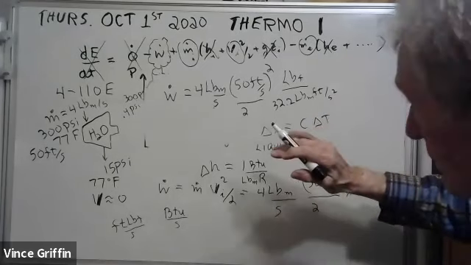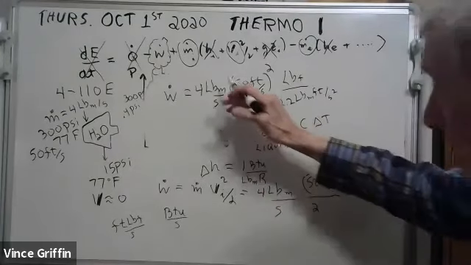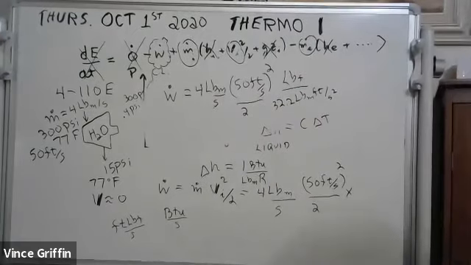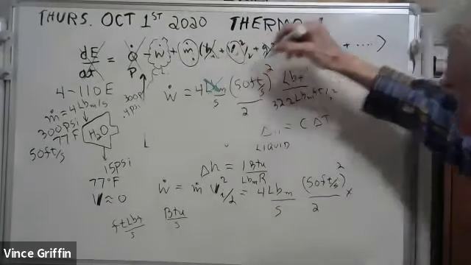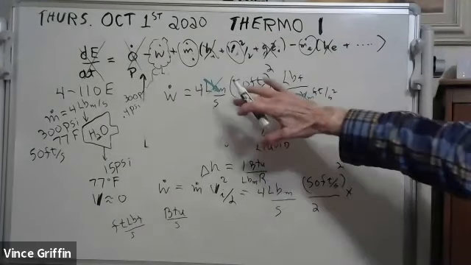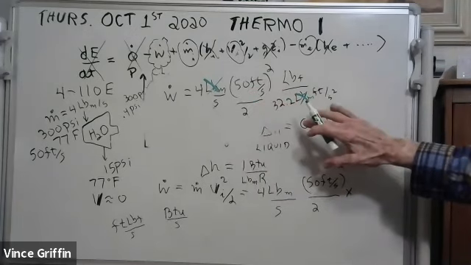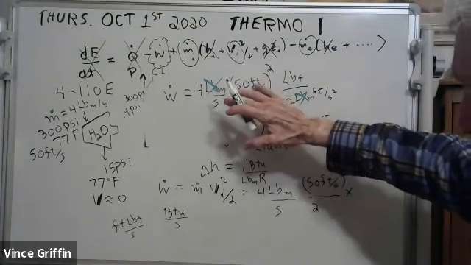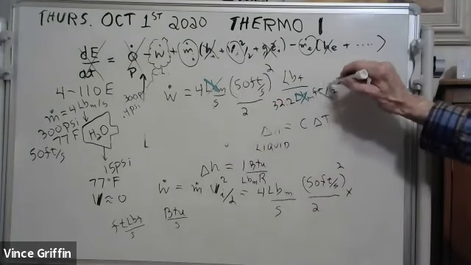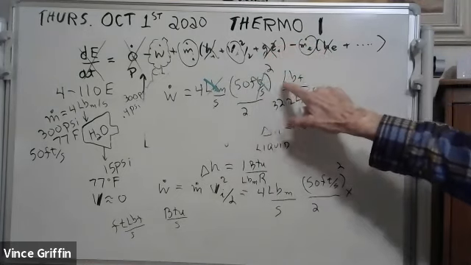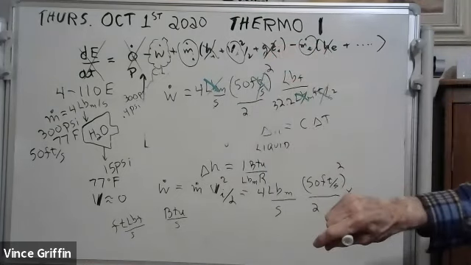Can you see that we can get rid of the pound mass that way? Here, let me cross it out with maybe this green pencil. See that pound mass? We just got rid of it. Now you see that foot squared per second squared? What that leaves me with is a foot. We can get rid of this, we can get rid of that, but it leaves me with a foot-pound force.